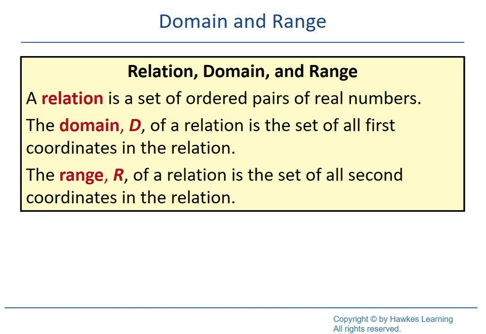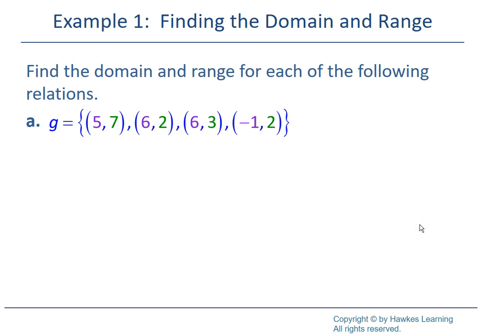Now, keep in mind we said it could sometimes be a comma b, so the domain is the first element and the range is the second element. And we'll see examples of them. Now, if you want to write these definitions, that's okay as well.